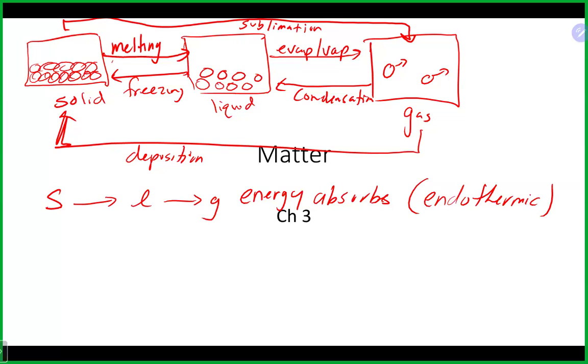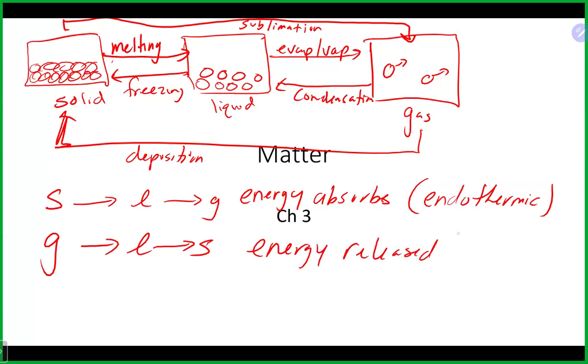The opposite is true. If we go from gas to liquid to solid, we do have to remove energy in that process. So energy is being released in that process. And that is what is known as an exothermic process.